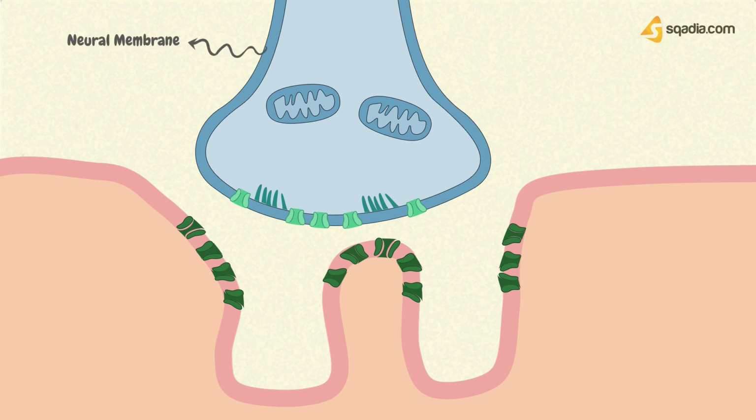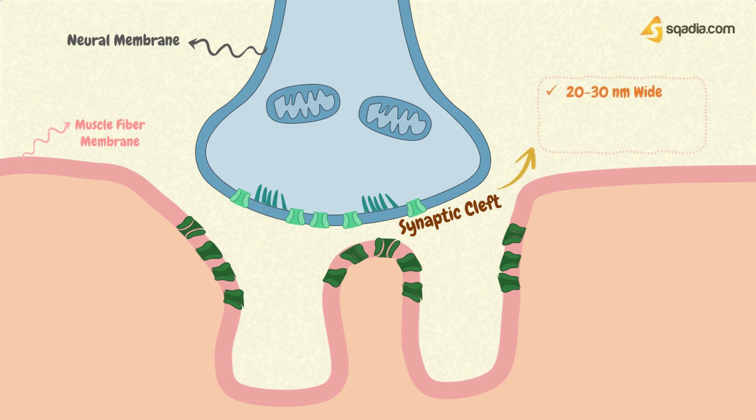Here, the neural membrane is at the top and the muscle membrane is shown at the bottom. The small space in between these two terminal endings is known as the synaptic cleft. It is 20 to 30 nanometers wide and contains extracellular fluid along with large quantities of the enzyme acetylcholinesterase.